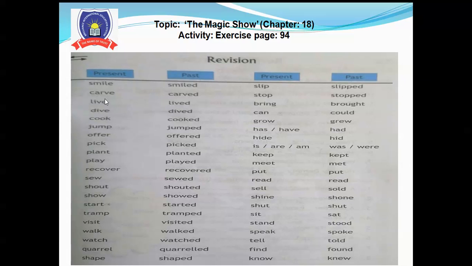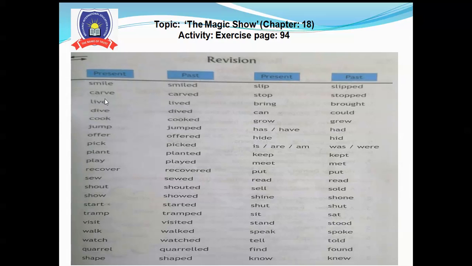Show, showed. Shine, shone. Start, started. Shut, shut. Tramp, tramped. Sit, sat. Visit, visited. Stand, stood.